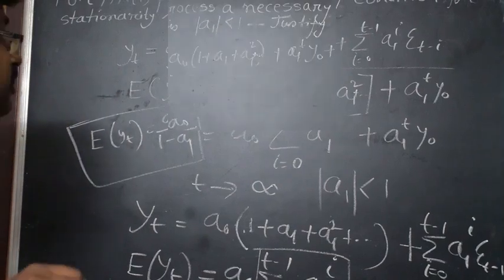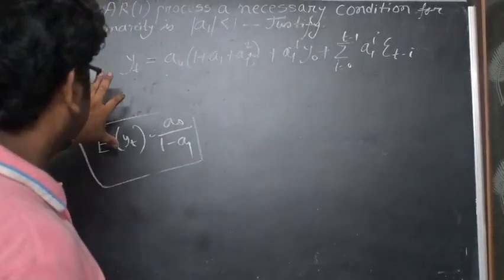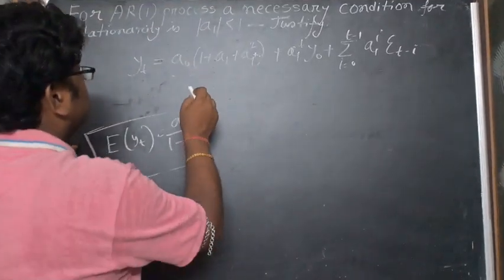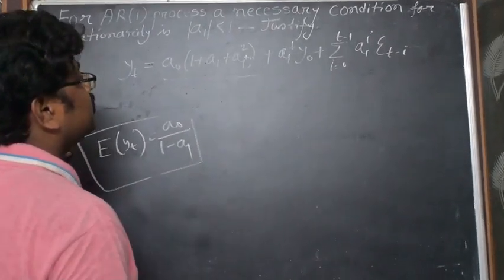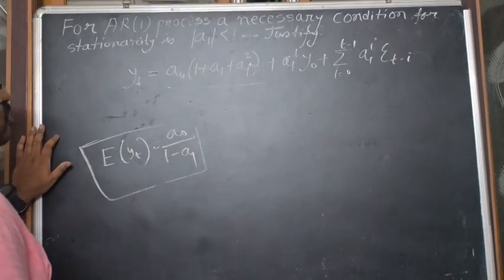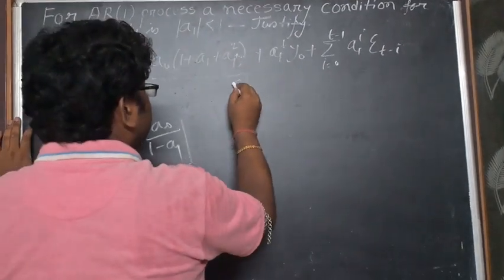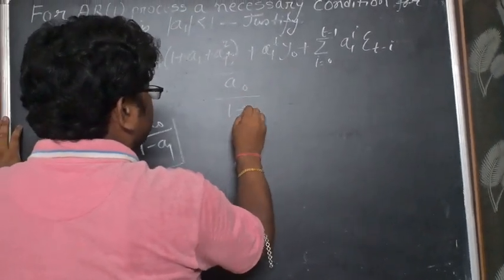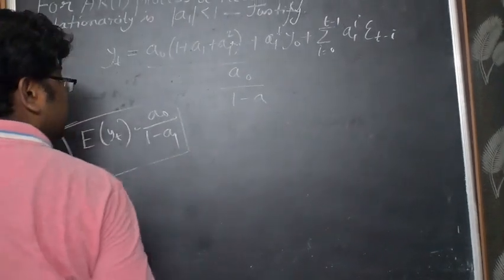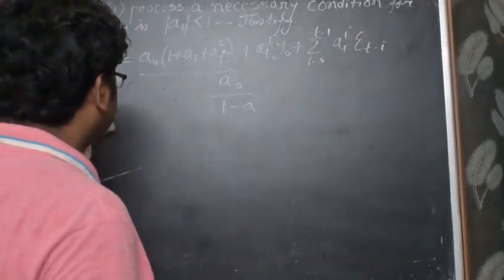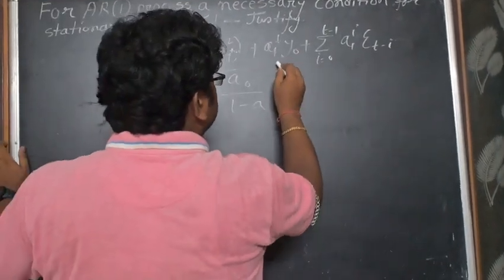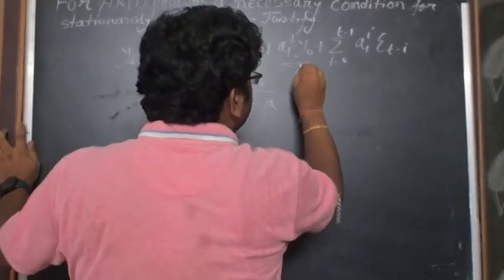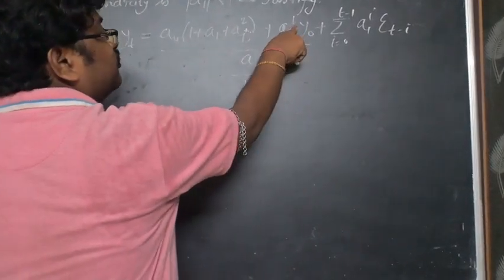The value of this part is nothing but a0 by 1 minus a1, and this part will be 0 if we consider t tends to infinity.